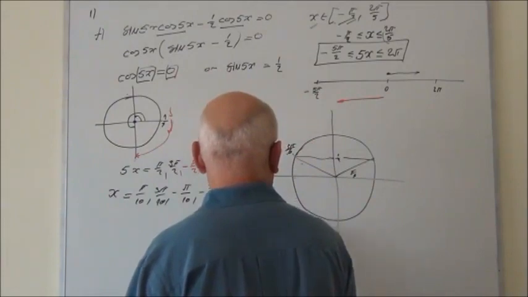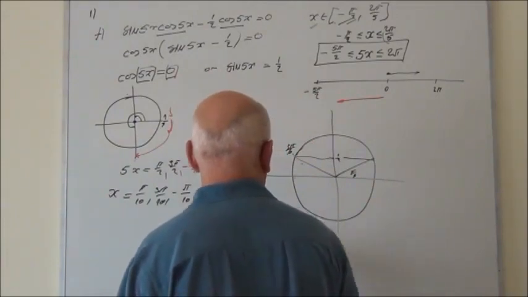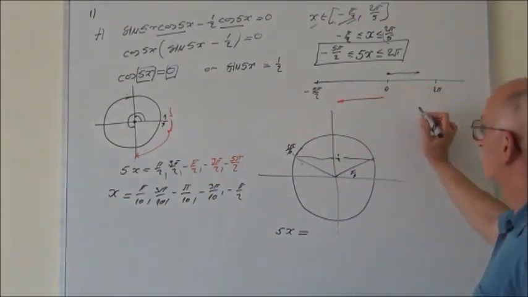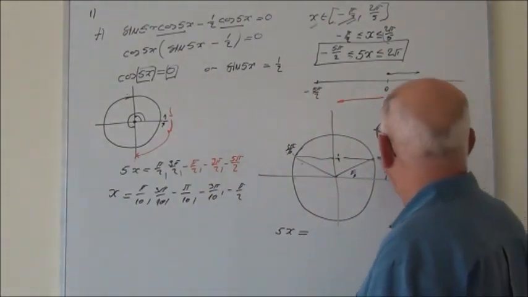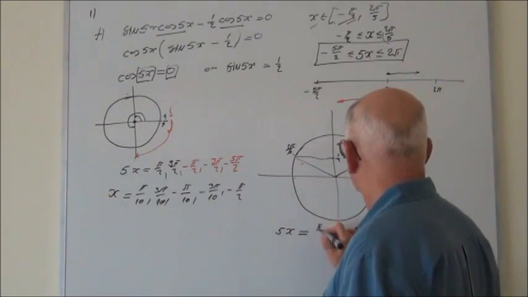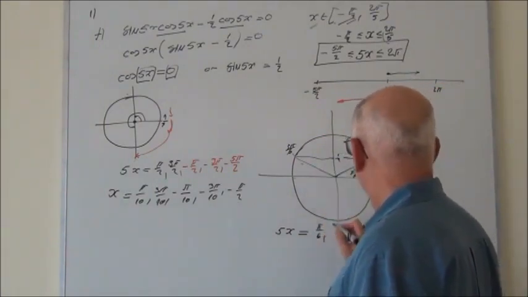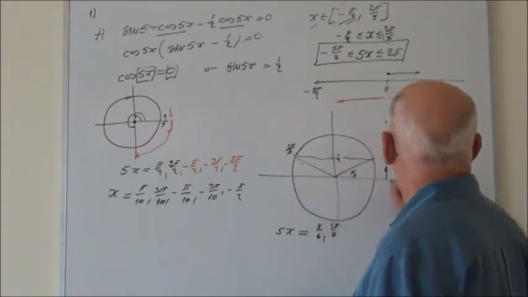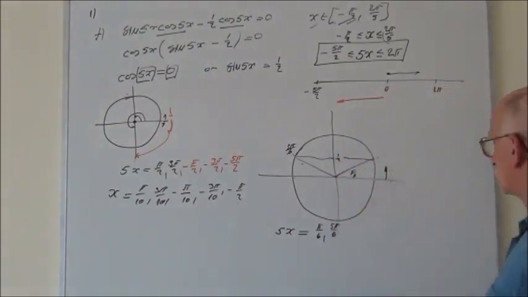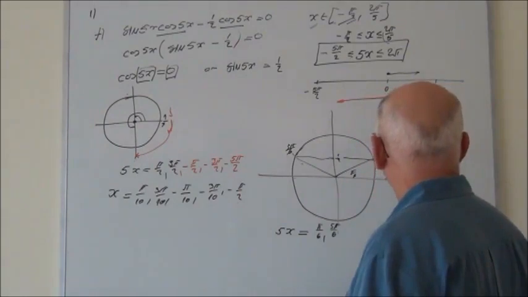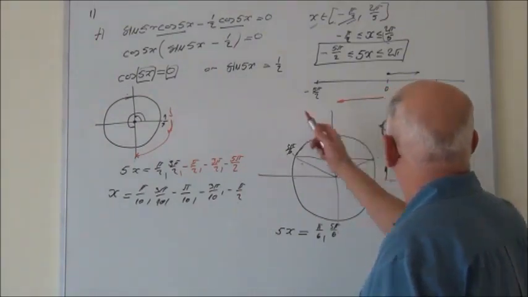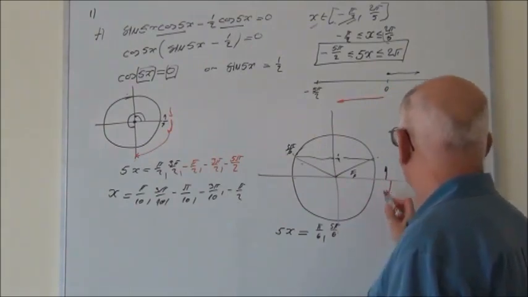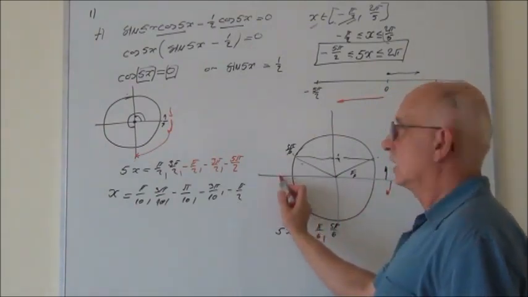Then we can write 5x equal, and going from 0 to 2 pi, we have two solutions, pi on 6 and 5 pi on 6. Stopping at 2 pi, no more solutions. Now going in the negative direction, nothing is happening here up to there.